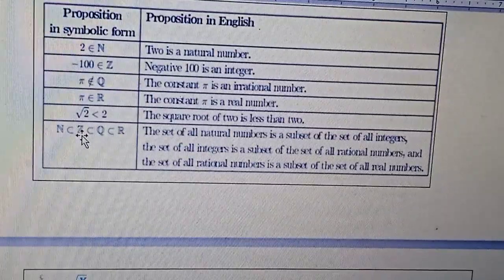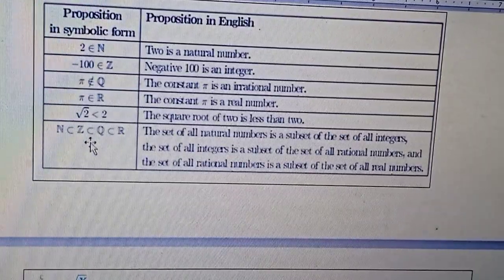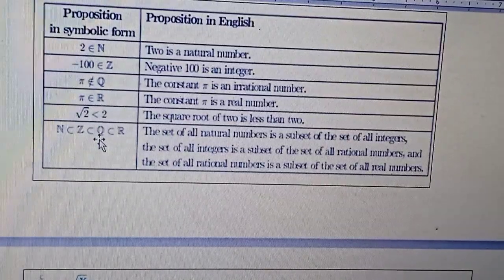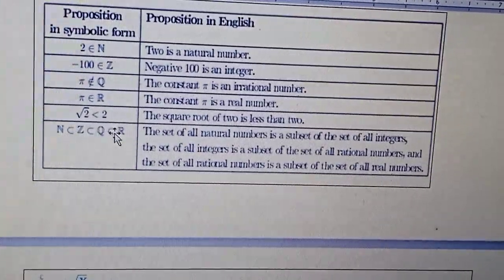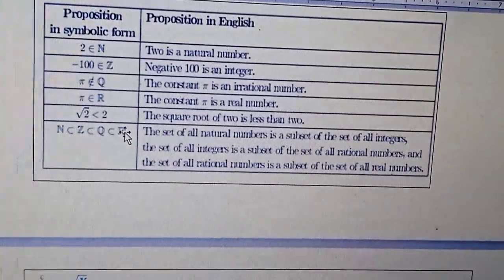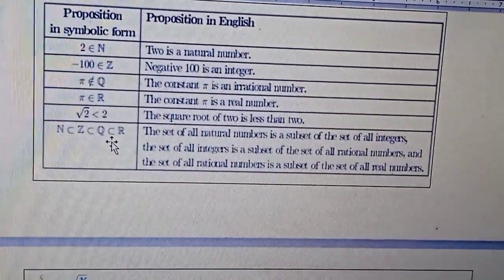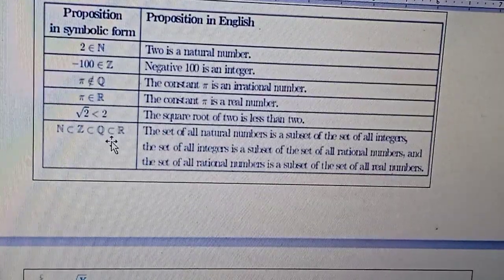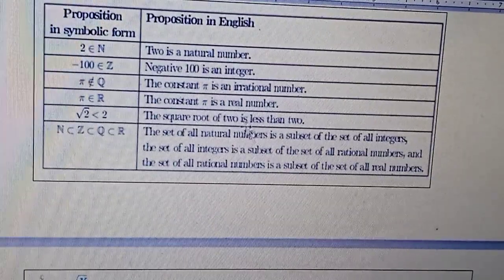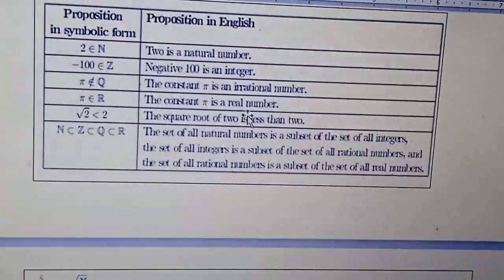The set of all integers is a subset of all rational numbers, and all rational numbers is a subset of all real numbers. So we illustrate propositions in symbols on the left side, and in declarative sentences on the right side.